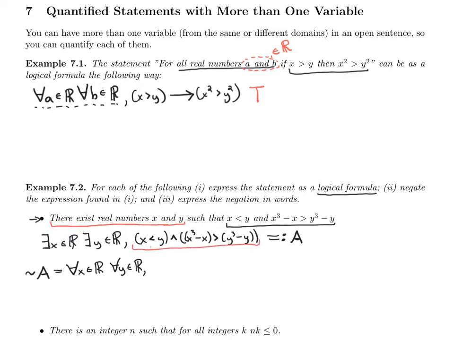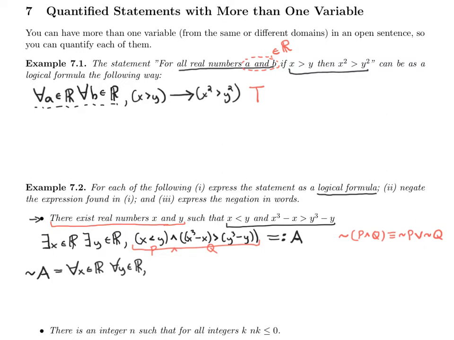If I call the first bit P and the second bit Q, I have P and Q. And if you remember, the negation of P and Q using De Morgan's laws is equivalent to the negation of P or the negation of Q. Remember, you have to flip that connective there.